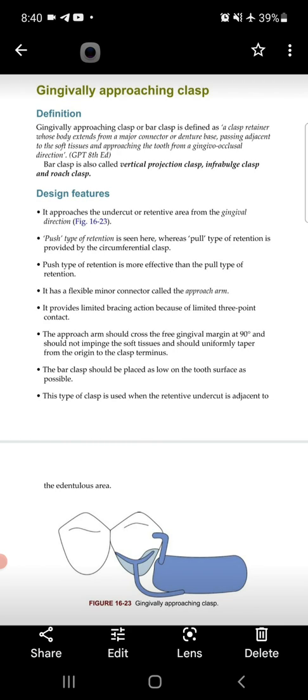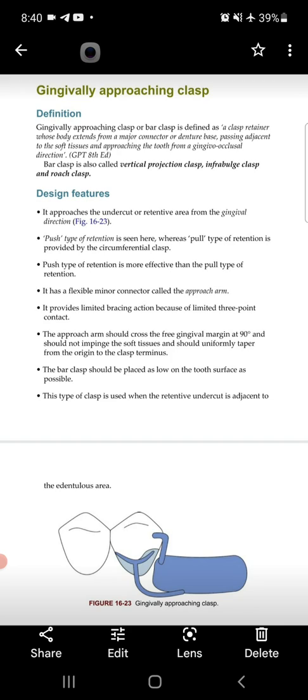Look at the diagram in figure 16.23, gingivally approaching clasp. In blue there is a denture base. From the denture base it originates as a bar clasp minor connector.